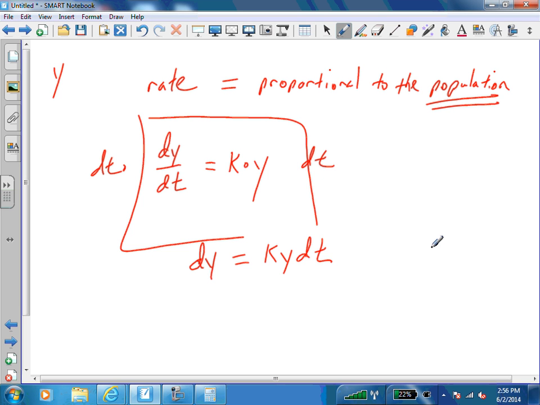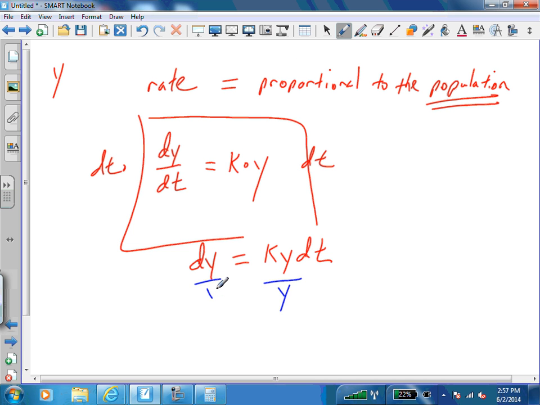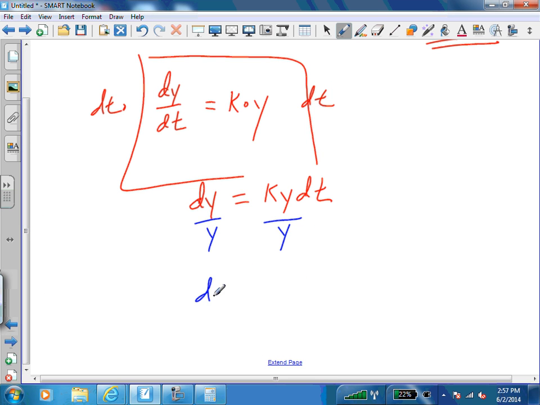So how do I get y on the left? So dy over y equals k dt. Now k is just our proportionality constant. We don't know if our population is doubling, tripling, going up by a factor of 1.4, going down by a factor of 1.3. So this is just a proportionality constant.